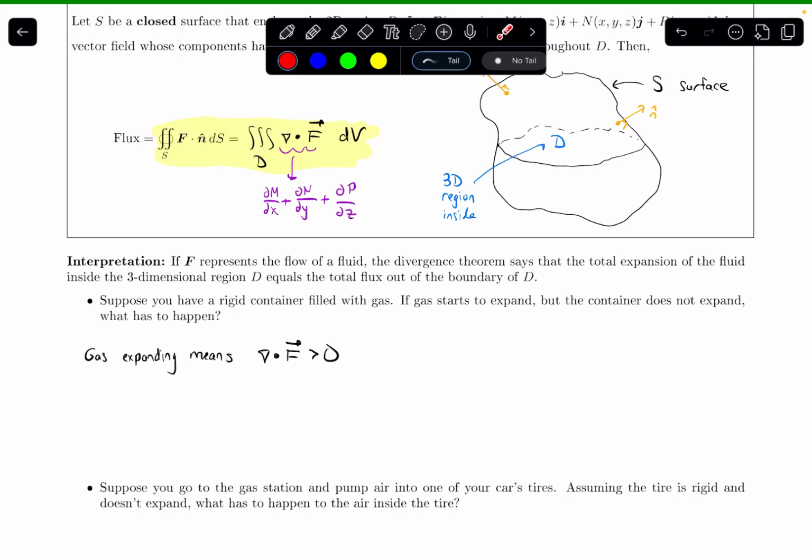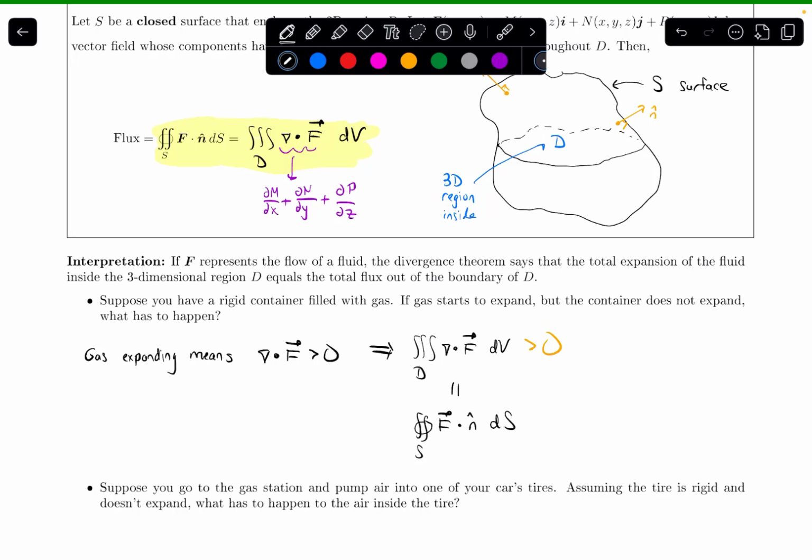And if that's happening everywhere in the region, then in this triple integral my function inside is always positive. So the triple integral over that region D of the divergence of F dV has got to be positive. But the triple integral is equal to this flux surface integral, which I'll put a little circle through because it's a closed surface, of F dotted with that unit normal vector dS.